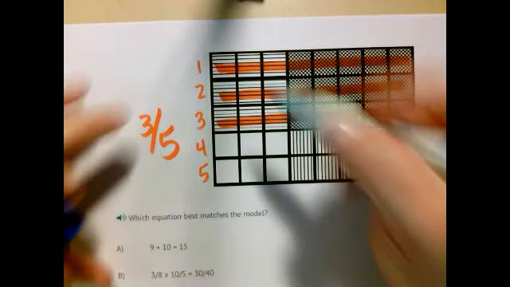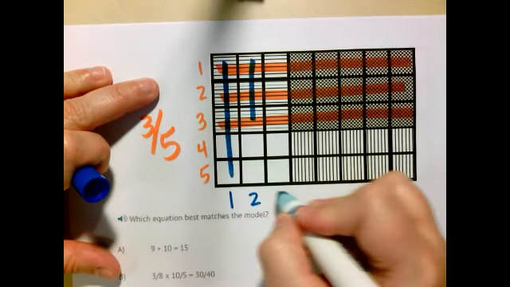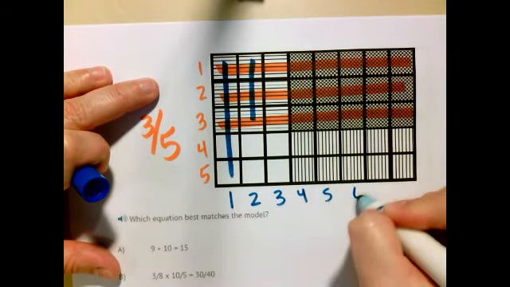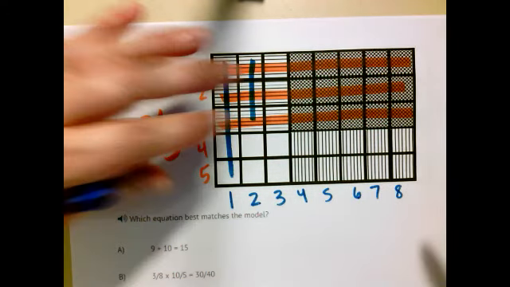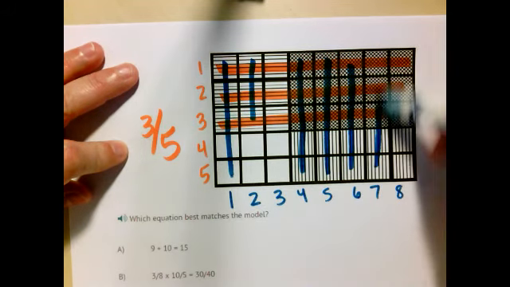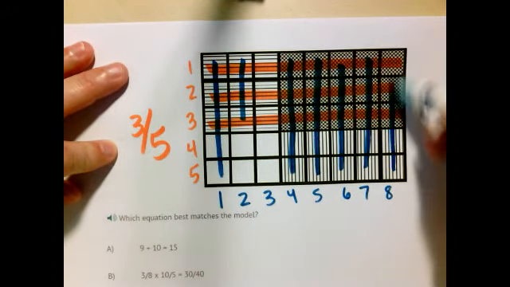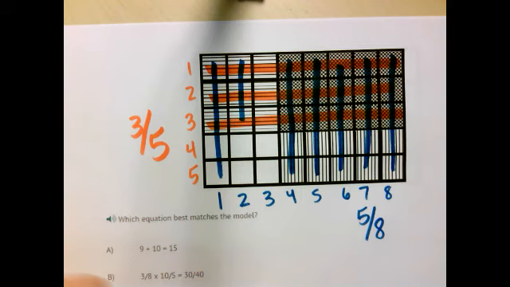And then going vertically, oops, I'm doing the wrong way. There's 1, 2, 3, 4, 5, 6, 7, 8. We're going to ignore those blue lines and pretend like I didn't do that. Because 1, 2, 3, 4, and 5. So that tells me that I have 5/8 of that one shaded in.